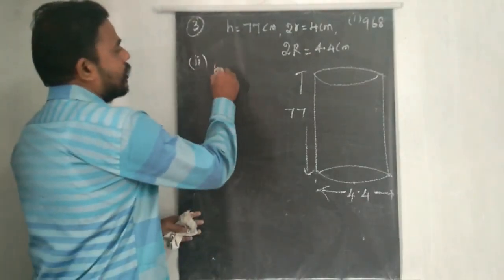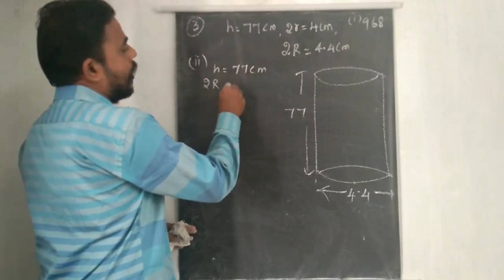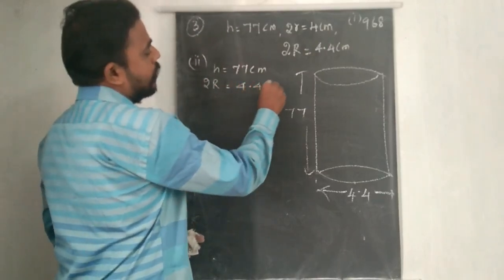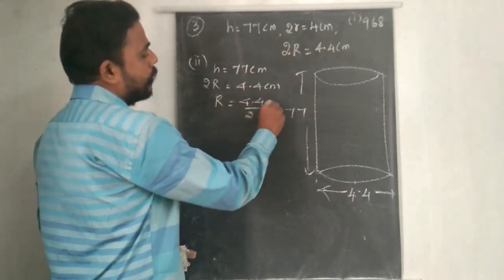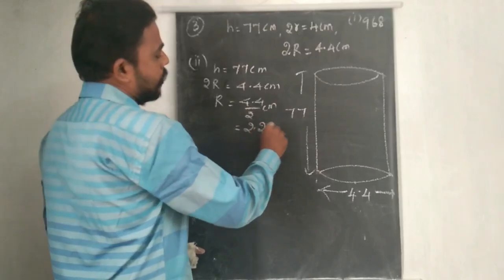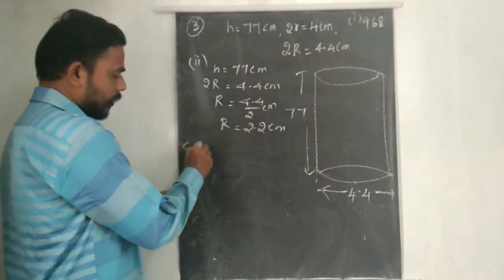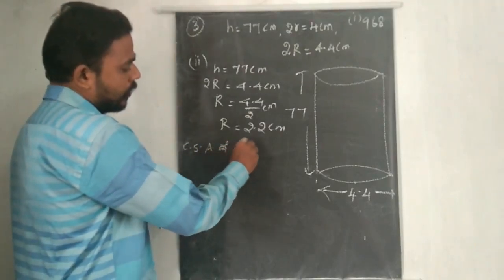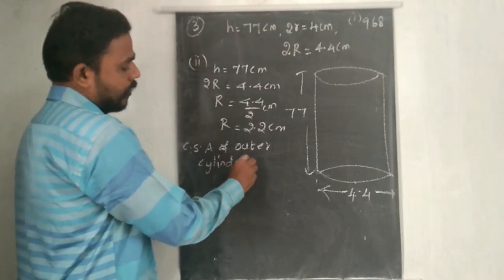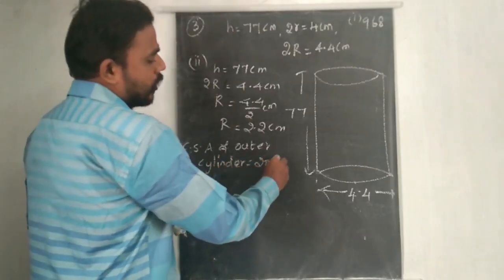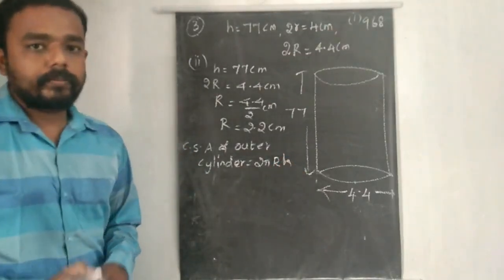So h is equal to 77 centimeter, no problem, and 2 capital R equal to 4.4 centimeter means capital R equal to 4.4 divided by 2, that is 2.2 centimeter. Now curved surface area of outer cylinder equal to 2 pi capital R h. Instead of small r I am going to use capital R.